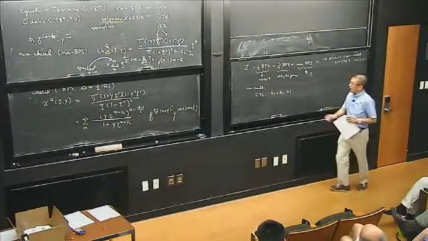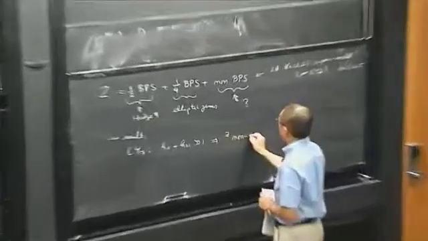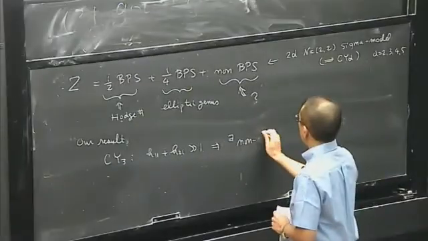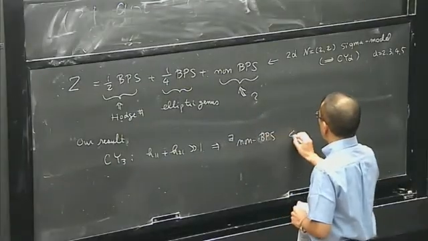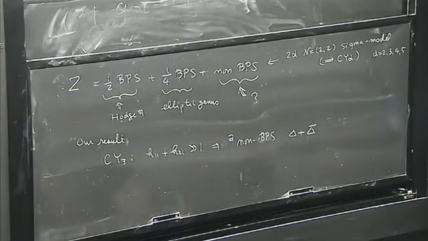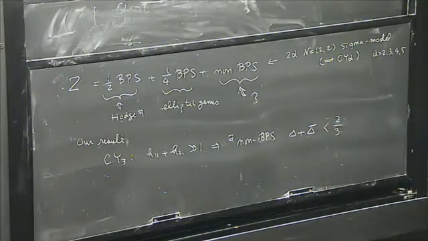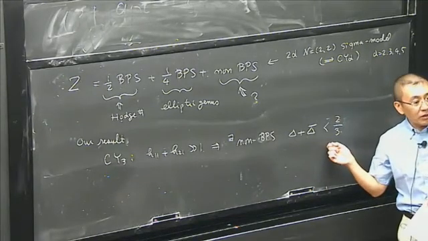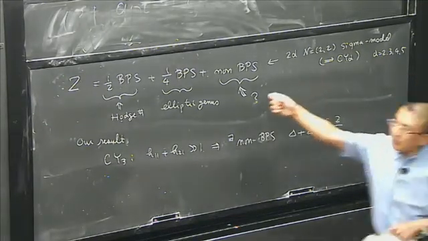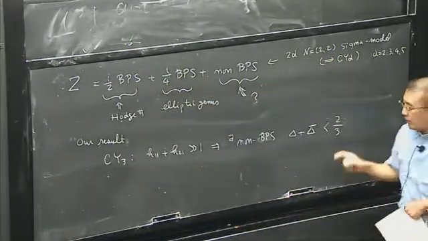Then we say that there is a non-chiral, non-BPS state whose left conformal weight plus right conformal weight is less than 2/3. So you have an operator whose dimension is relatively low because, for example, the first non-trivial half BPS state has conformal weight 1. So this is lower than that.